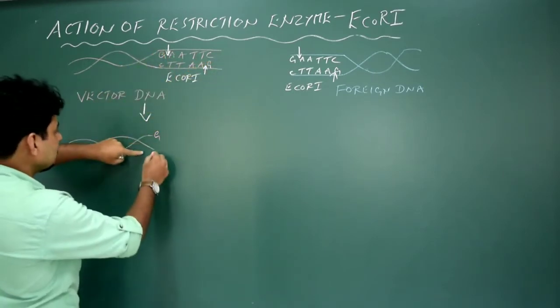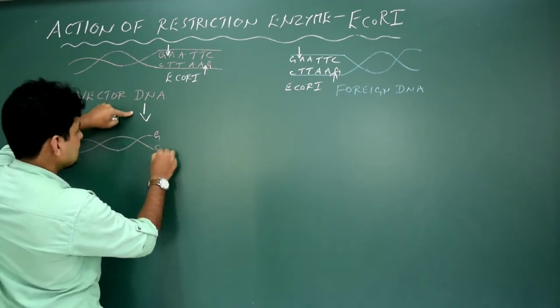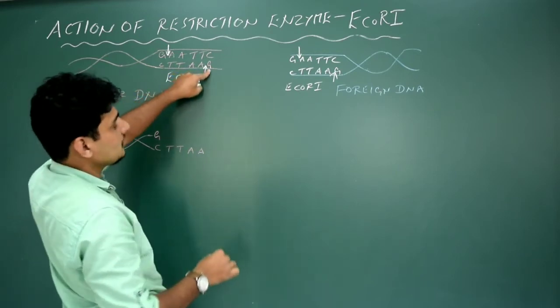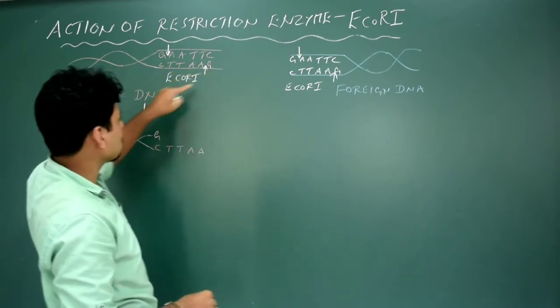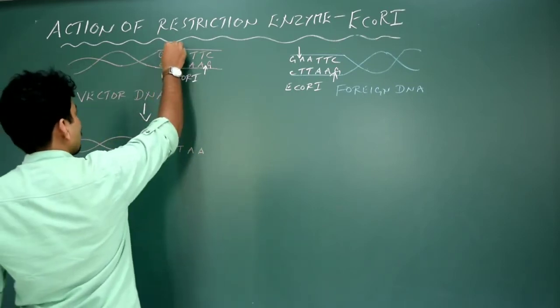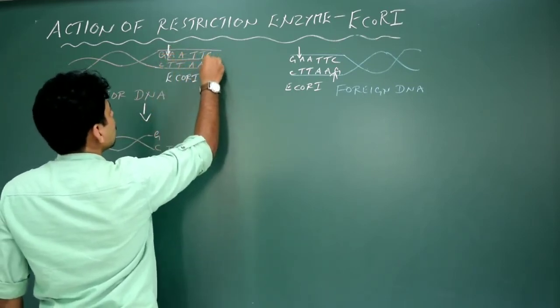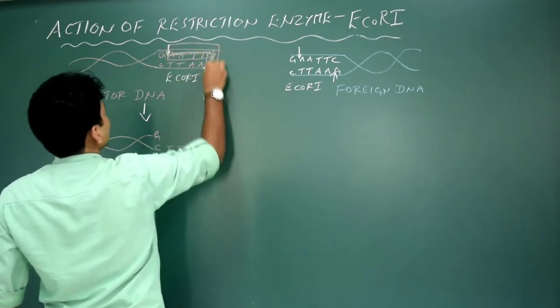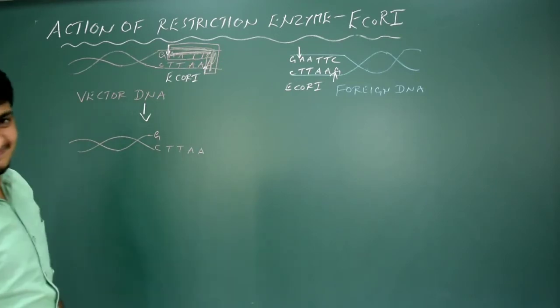And here on the other strand, I have to retain C, T, T, A, but this G is removed. Why? Because of the action of this particular enzyme. Hope you understood it. To understand it, we just put a box. That means this is gone, removed.